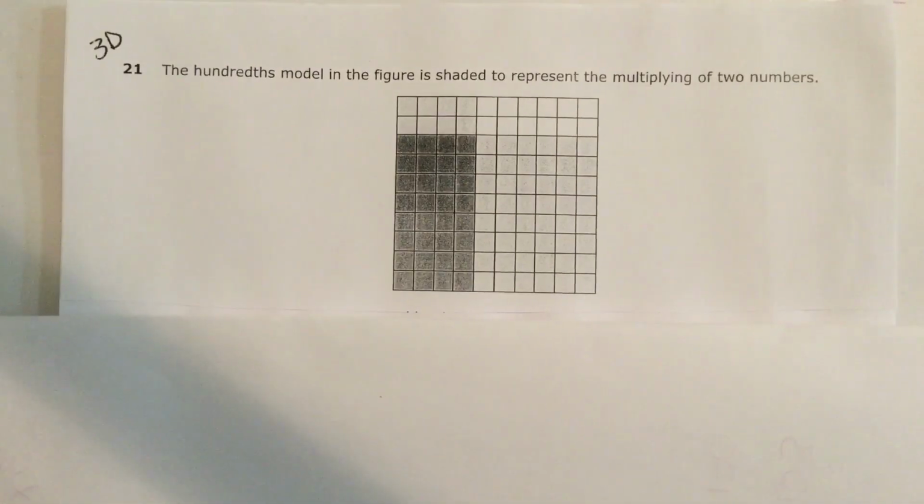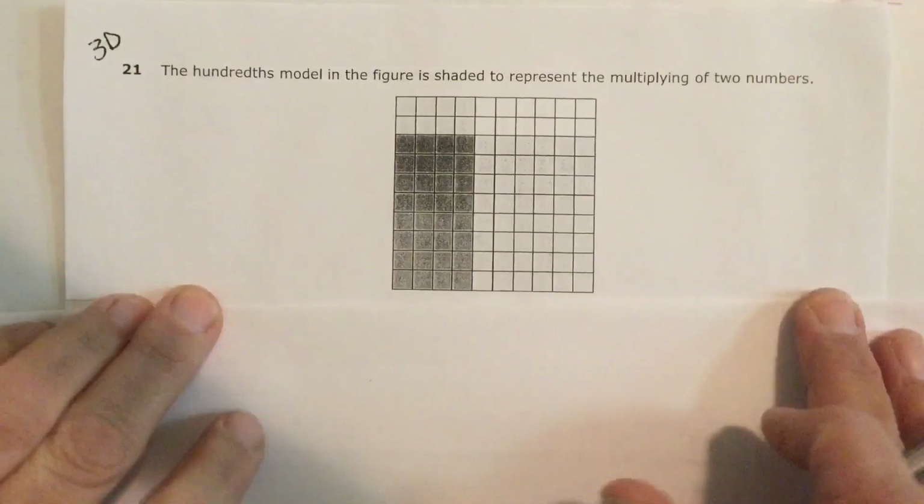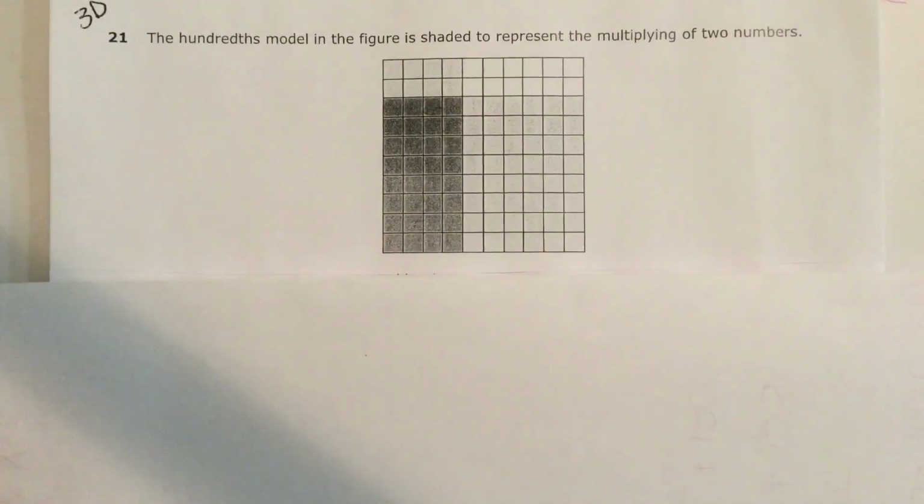Okay. The hundredths model in this figure is shaded to represent the multiplying of 2 numbers. We're going to look for the answer later, but I want you to tell me what 2 numbers are being multiplied here. What's the multiplication problem that you see in this sentence?